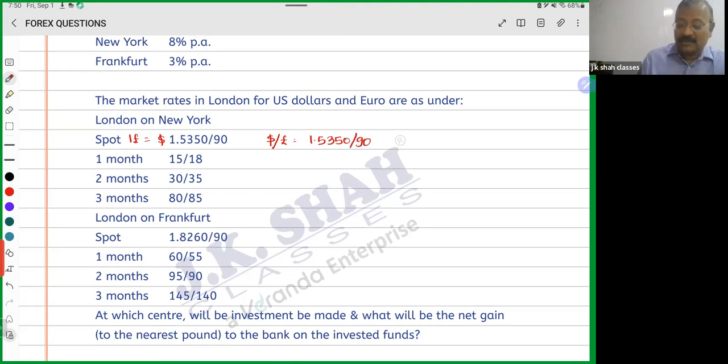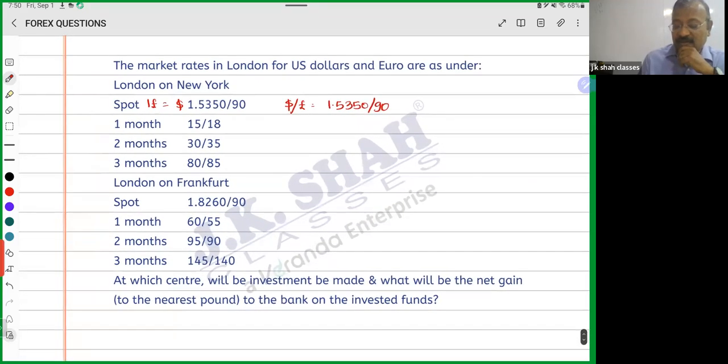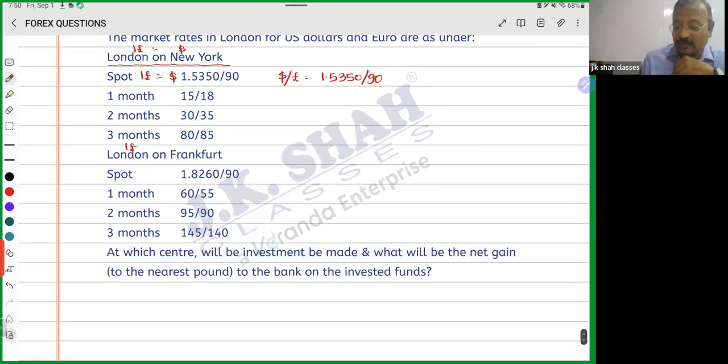Right? Once you have established one pattern, then the other pattern should be easy to establish. What is this? एक मिनट, यहां पे तुमने ये जो कोट दिया है, लंदन और न्यूयॉर्क, you said £1 equals to so many dollars. अब एक का पैटर्न established किया तो we can only say £1 equals to so many euros. Right, that means this is a euro pound quote.